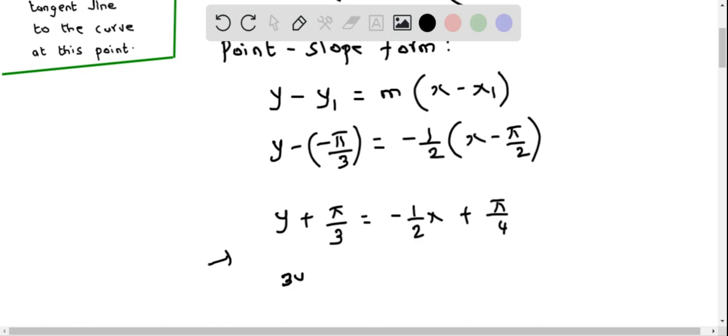So therefore this becomes 3y plus pi divided by 3, and this equals, I can also simplify these two terms by multiplying and dividing the first term by 2. So when I do that, I get negative 2x plus pi divided by 4.